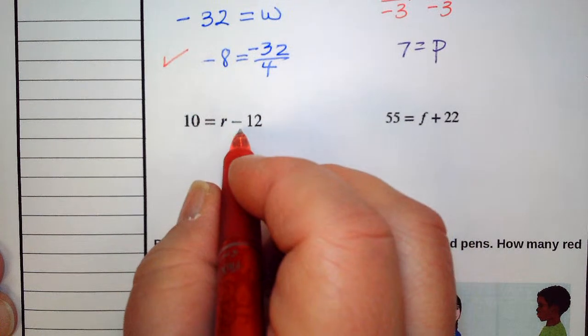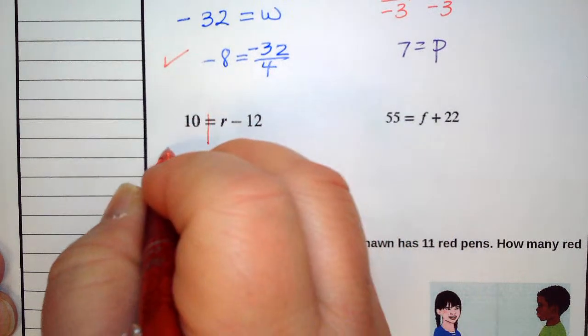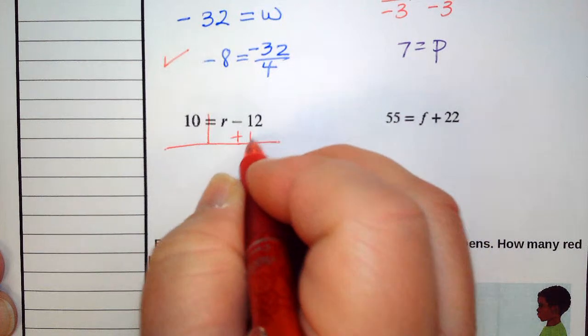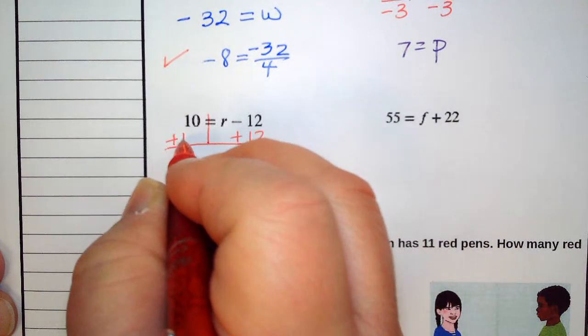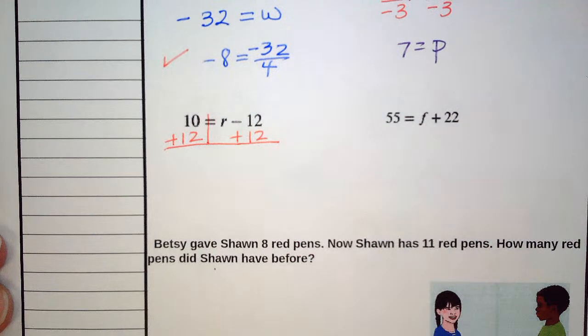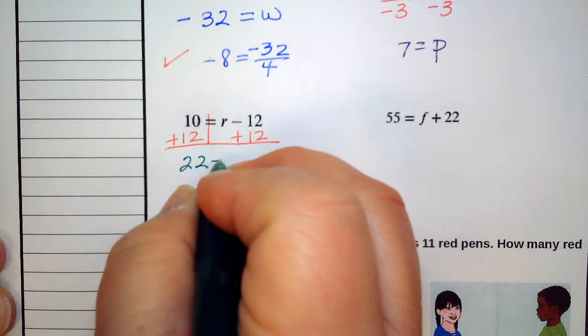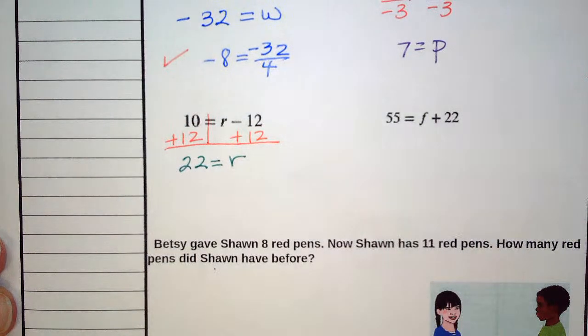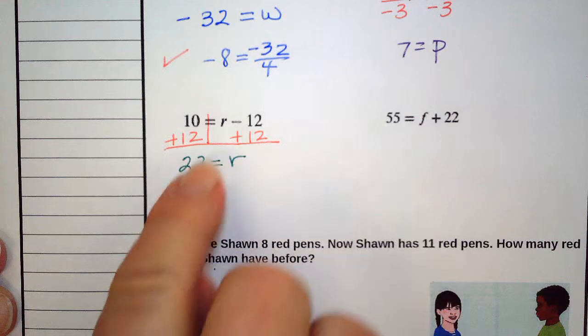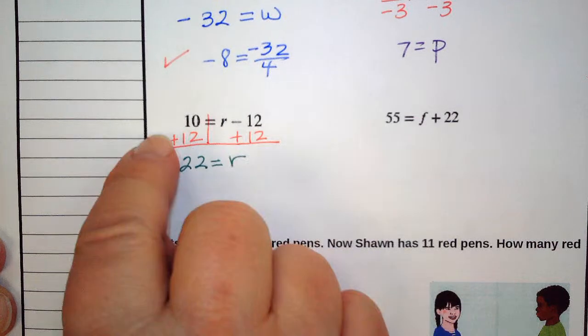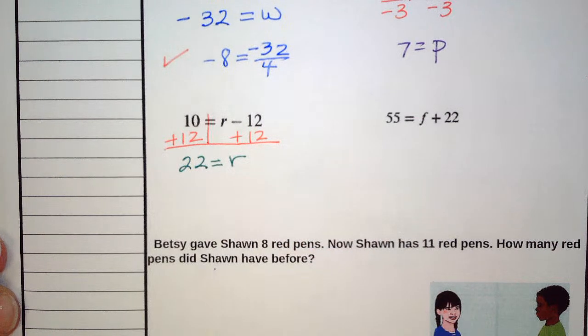This is subtraction. The opposite of subtraction is addition. 10 plus 12 is 22. 22 is equal to R. 22 minus 12 is 10. So I know it works.